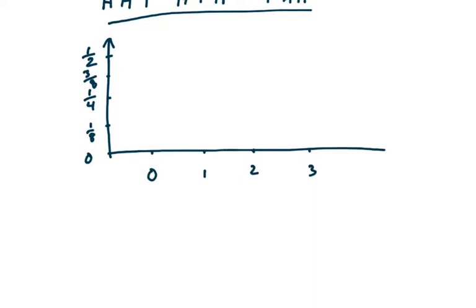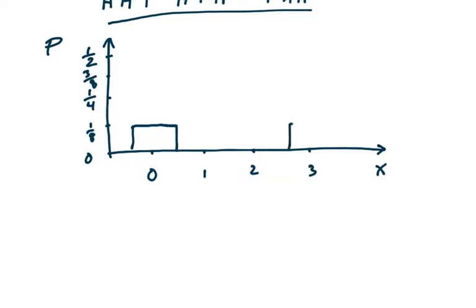All right, the graph of our probability distribution: on the x-axis, we're going to have the outcomes for our variable x. We're going to list the probabilities on the y-axis going vertically. For this first outcome of 0 heads, we have a probability of 1/8.